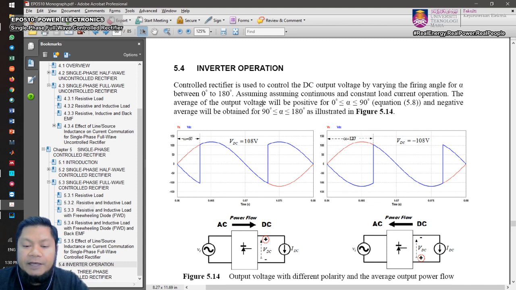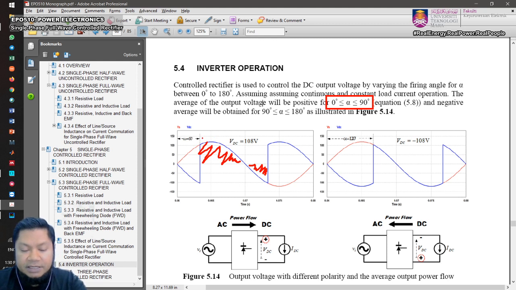If your alpha is between 0 to 90 degrees, you're going to see that the average output voltage is always a positive value because you have more area in the positive region compared to the negative area here. Therefore, if you take the average, you get a positive output voltage.